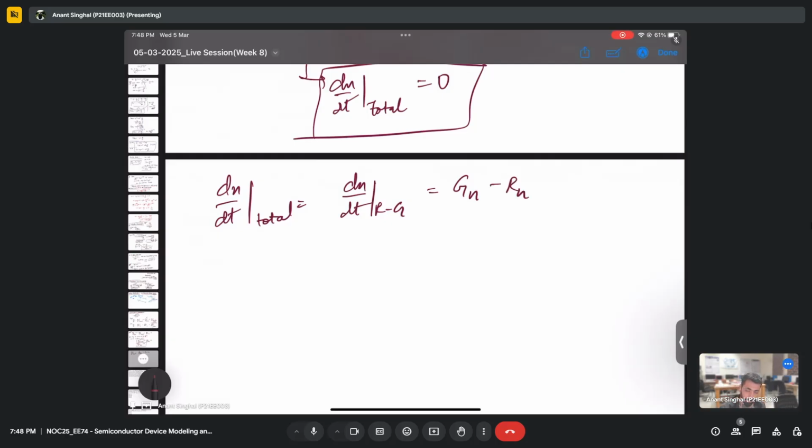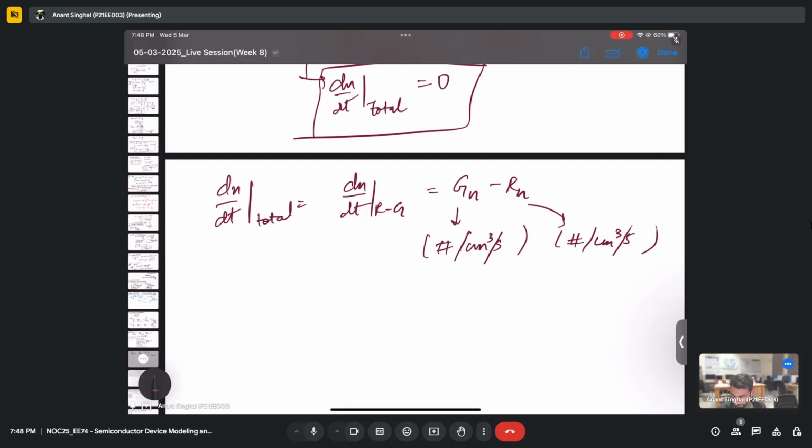Whatever the generation is happening, it is getting compensated by the recombination. So this Gn is the generation rate, and it will be number of electrons per centimeter cube per second, because this is the rate. Similarly, this is a recombination rate, and it will have the same unit, per centimeter cube per second.